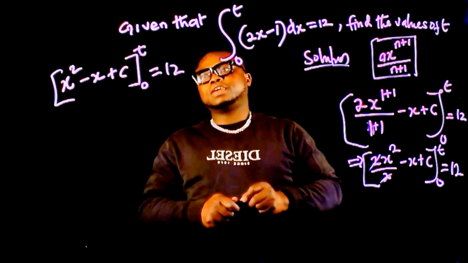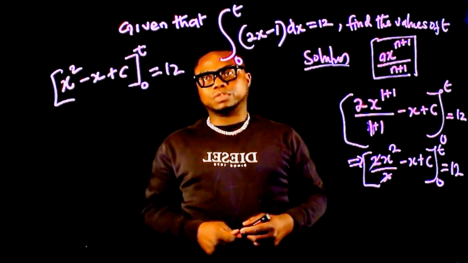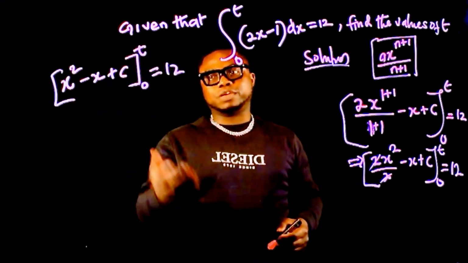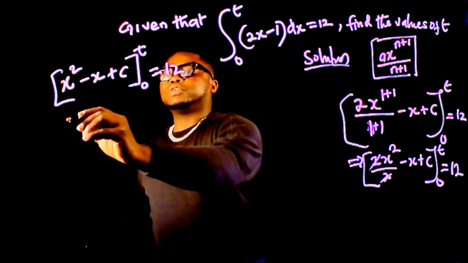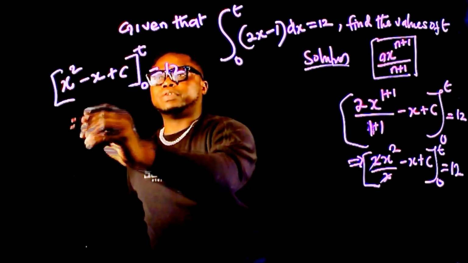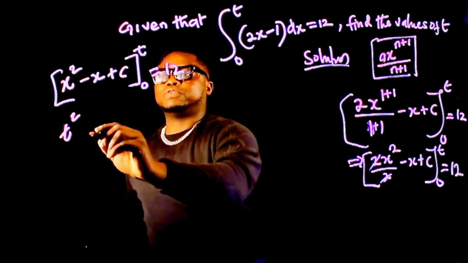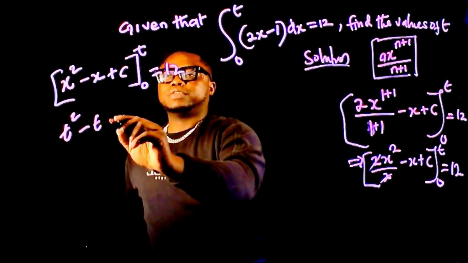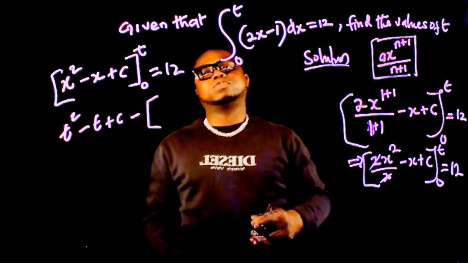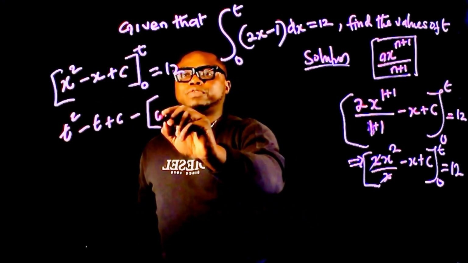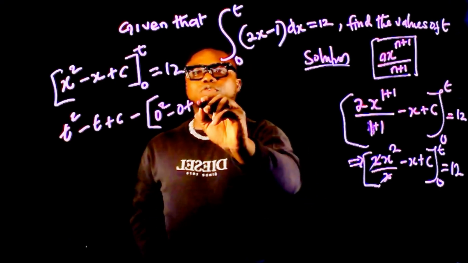So in this case, to simplify, I'm going to replace x with the limits of integration, that is replacing x with t and also replacing x with 0. Then I'll subtract. So I replace x with t first, and I'll have t raised to the power of 2 minus t plus constant, minus, then I'll put a bracket because I'm going to subtract the 2. Then I replace x with 0: 0 square minus 0 plus integration constant.